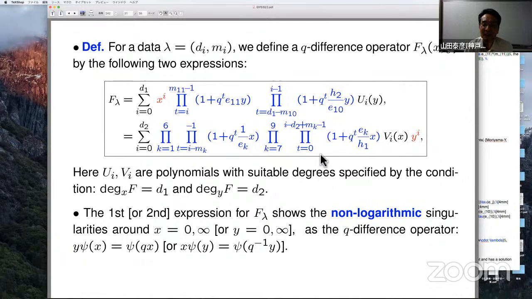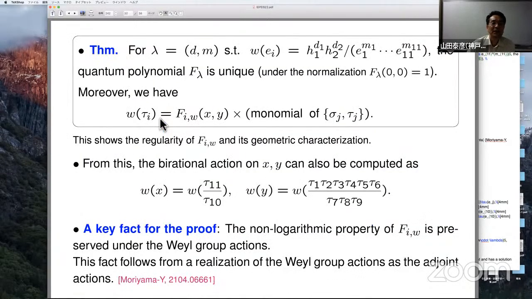But in this case, even though the exponents are resonant, all the solutions are still regular. That is the non-logarithmic property. And this non-logarithmic property is the most important characteristic property of this non-commutative polynomial.